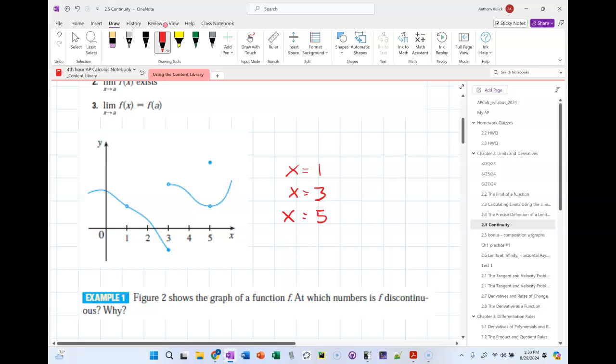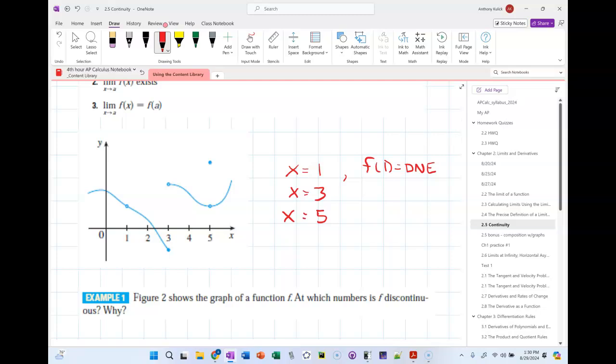What part of our definition of continuity does x equals 1 fail? Right, we have a definition for continuity we just talked about. What part of that definition is it failing? Well, I would say it's because we're not defined at x equals 1, right?